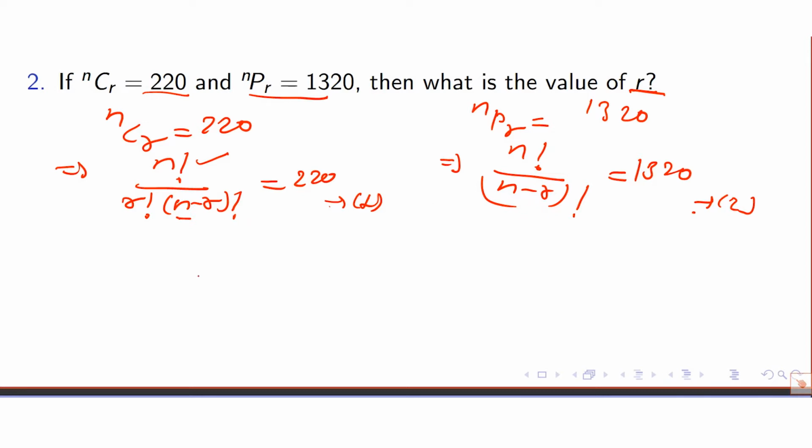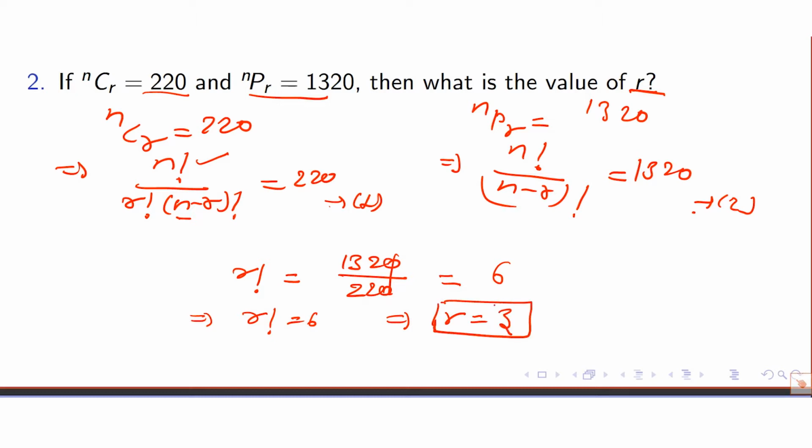So we are left with r factorial equal to 1320 divided by 220, which is equal to 6. It implies that r factorial is equal to 6, and we know that the value of 3 factorial is 6. It implies that r will be 3. So the value of r will be 3.